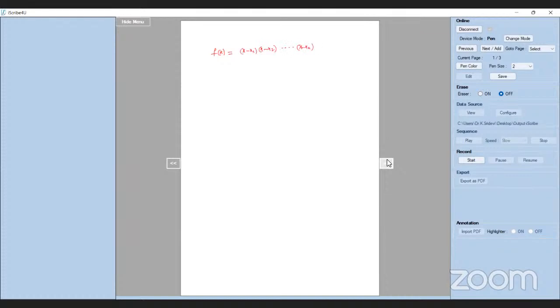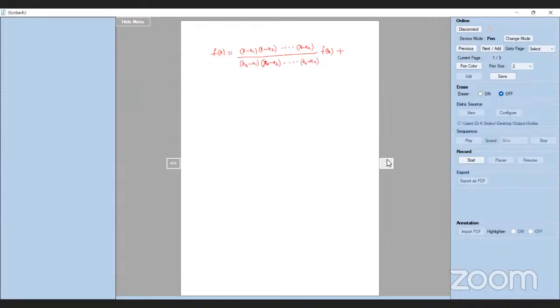Now substitute the a0 value. What is a0? F of x0 divided by, what is the denominator term? x0 minus x1, x0 minus x2, and so on, x0 minus xn. Is it right?